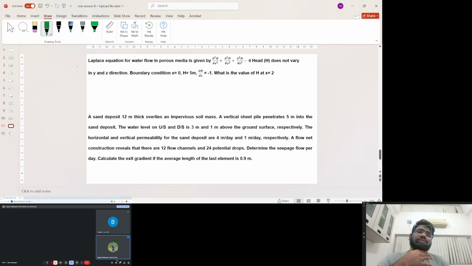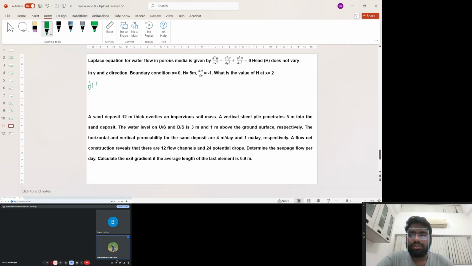Right. Now, this is the Laplace equation we know, and the major condition they have specified regarding this question is that the head does not vary in the y and z directions.